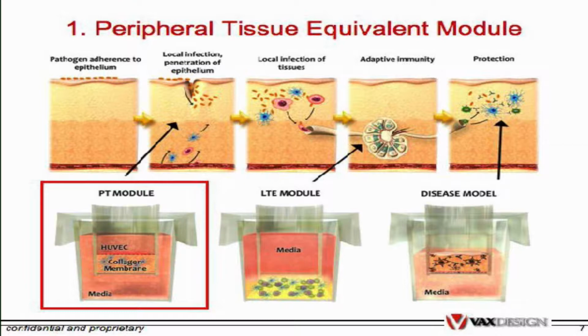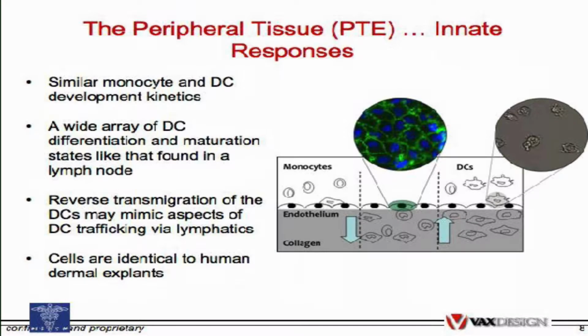The peripheral tissue module recapitulates how the cells, in this particular case, the antigen processing cells, come into the area where the vaccine or the antigen is seen and how they respond to that, and we're going to discuss that right now. So the way this occurs is you have monocytes that cross vascular endothelial cells, and these vascular endothelial cells are one of the signals that help monocytes come into the area.